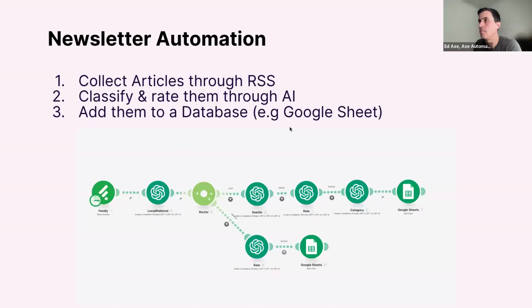Yeah, definitely. For the newsletter automation, we divided this process into 2 different Make scenarios. The first one, we connected to Feedly to fetch the news articles being published in the categories that we needed to track, right?